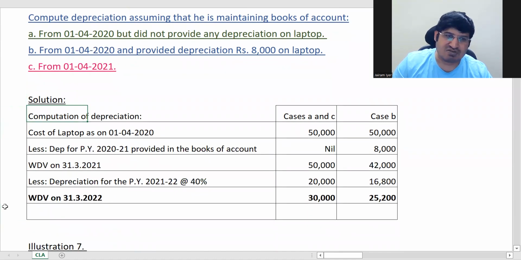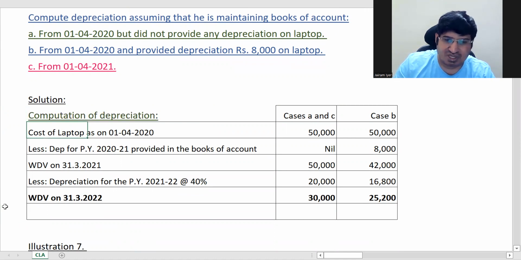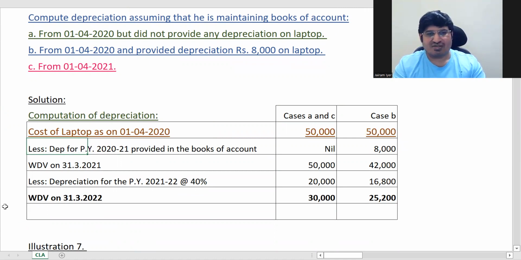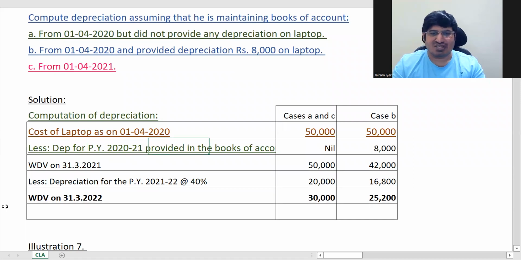ठीक है. So that's why cases A and C are together, B is separate. So what we will do is, cost of laptop on 1/4/2020 is 50,000 in both cases. Less depreciation provided in books of account. What he has provided in his books of accounts, that we have to see here.